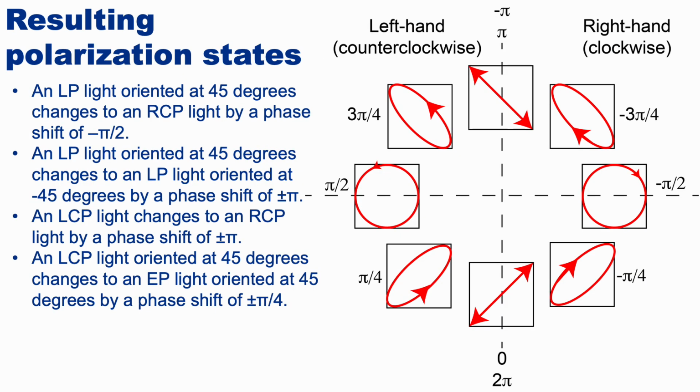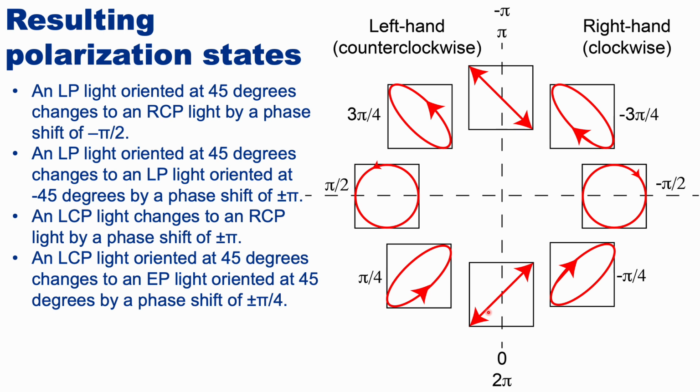We're gonna use retarders, as we were saying, to change the polarization state, and it's really useful to move from linear polarization to circular polarization. As in this plot we are showing, let's say that you have, for example, linear polarized light at 45 degrees.